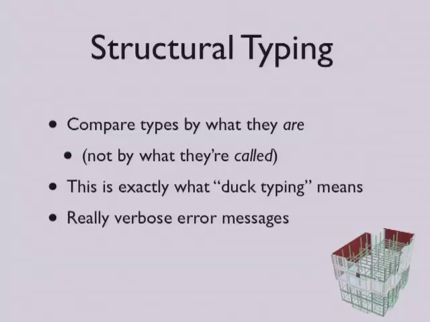Well, what happens if your compiler doesn't know what the names of any types are? Well, it has to print out the entire structure. It has to say, expected something with a length method, and a size method, and a this, and a that, and the other thing, and got something with these methods. And you can imagine this could be pages and pages and pages of error output, rivaling the C++ template library.